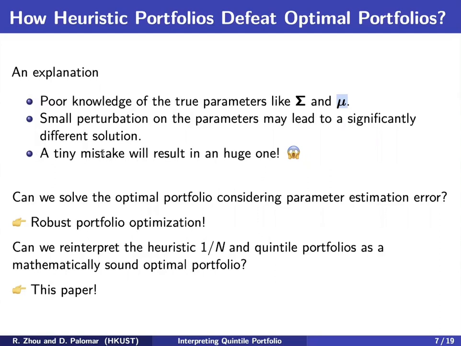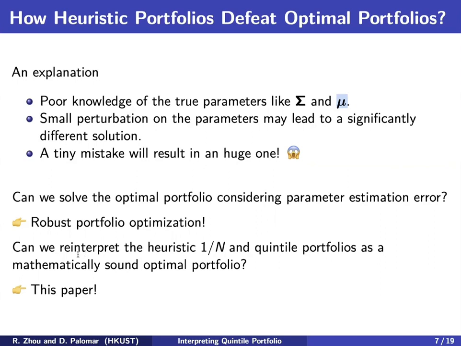A tiny mistake will result in a huge one. So if you want to consider the estimation error in the portfolio design, we're actually doing robust portfolio optimization. But that's not the purpose of our paper.